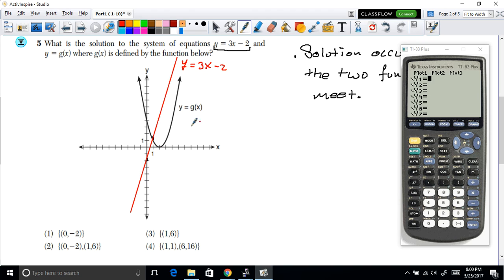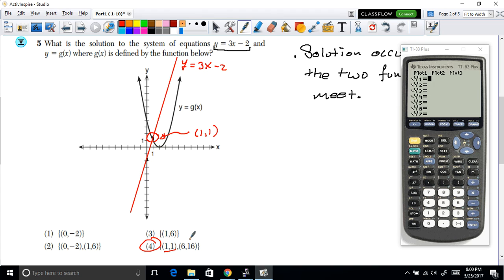Now, let's see, when are the two functions meeting each other? We know that it's going to meet right here. And this coordinate point right here, this is 1, 1. So we know that there's a solution at 1, 1 because that's where they're meeting each other. And then option 4 is the actual option that has 1, 1 as a solution.